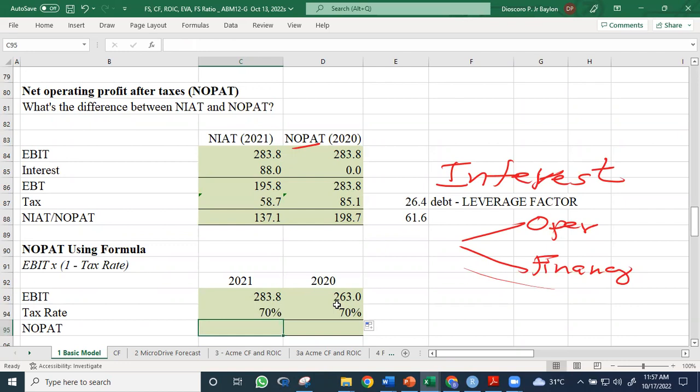Therefore, ang NOPAT natin will be, diba, ang formula, EBIT times 1 minus tax rate. So, EBIT times 1 minus tax rate. Okay, so this was for 2021, yun, 198.7. And then for 2020, NOPAT, it's 184.1.